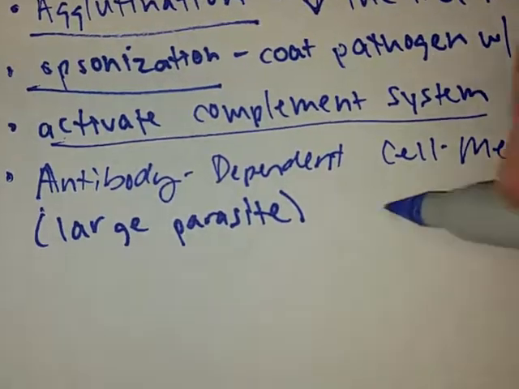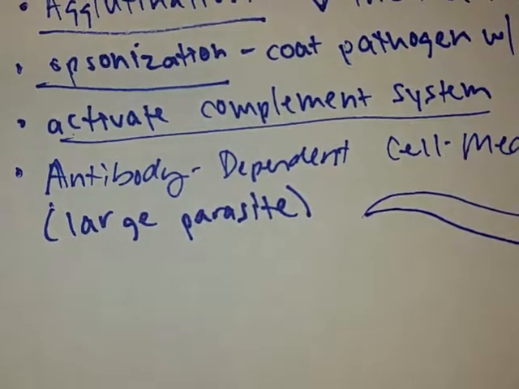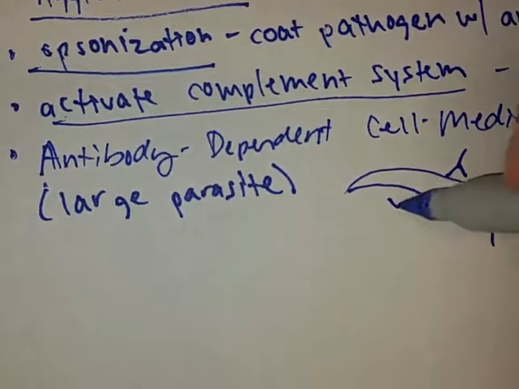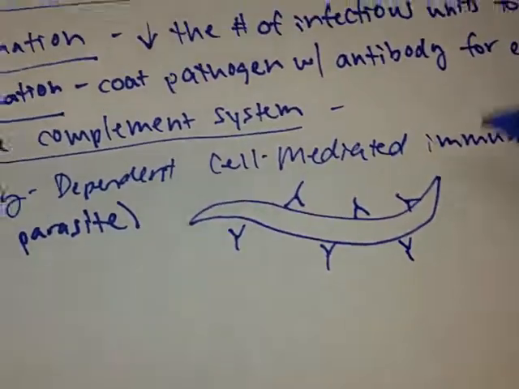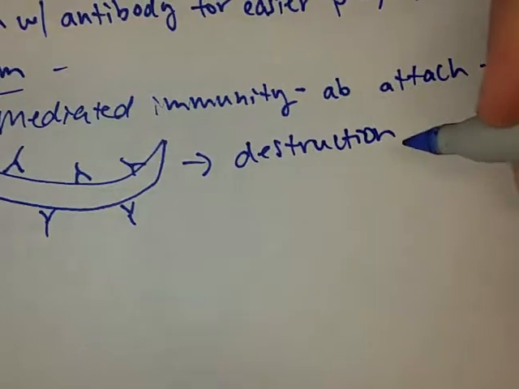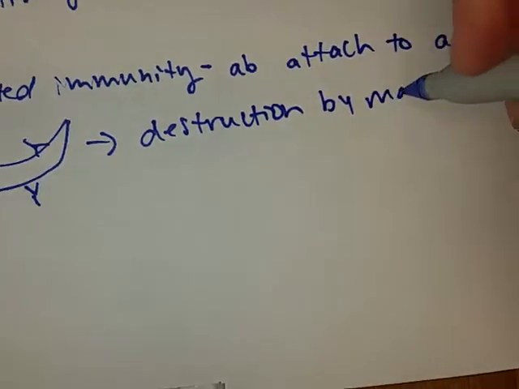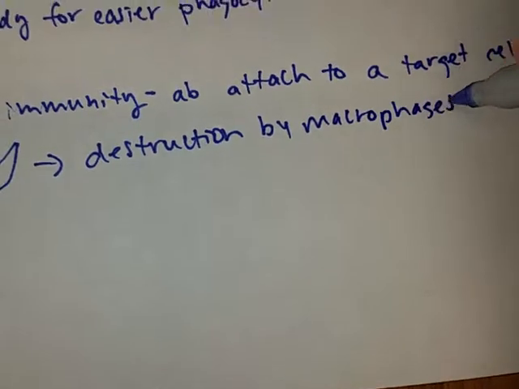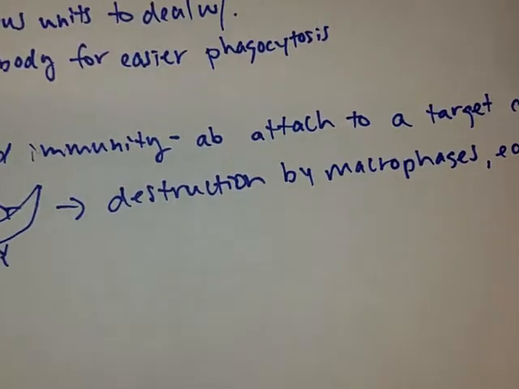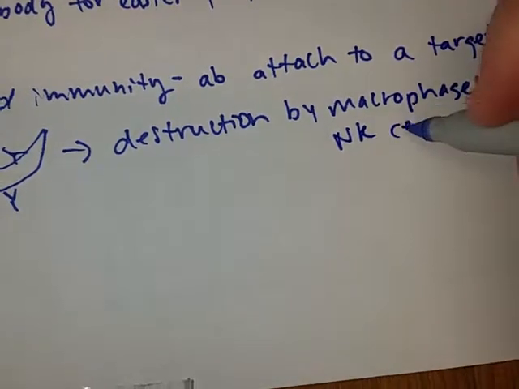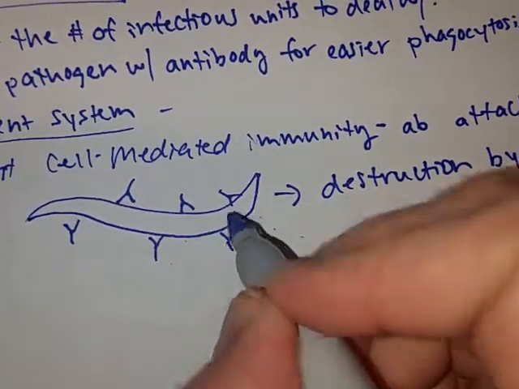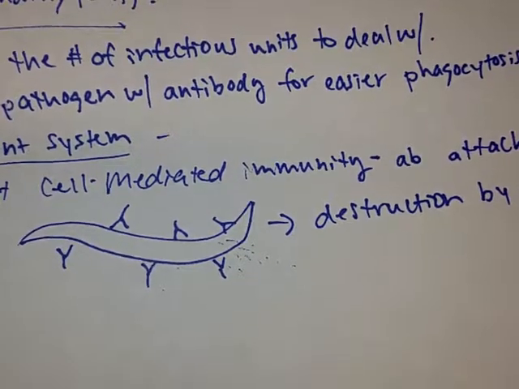When the worm gets coated with antibody, this signals for destruction by different immune cells, like macrophages, eosinophils, and the natural killer cells we just talked about. These all tag team and shoot the parasite with lytic proteins to destroy it.